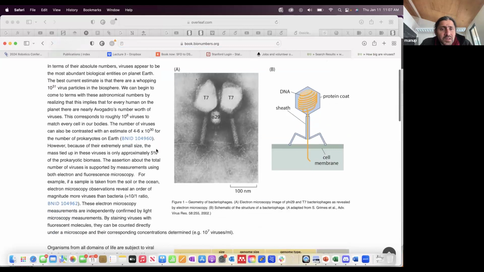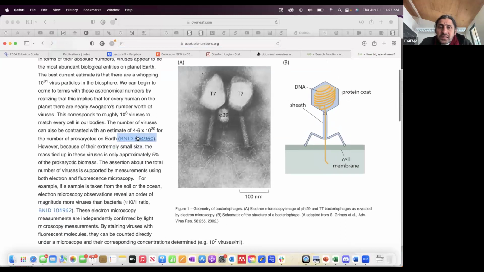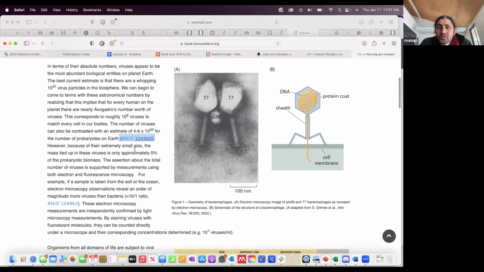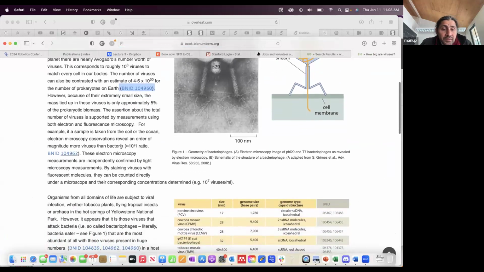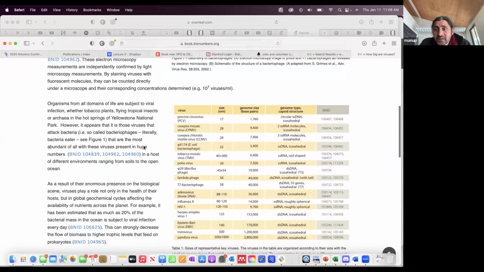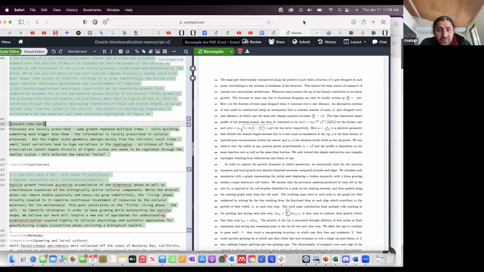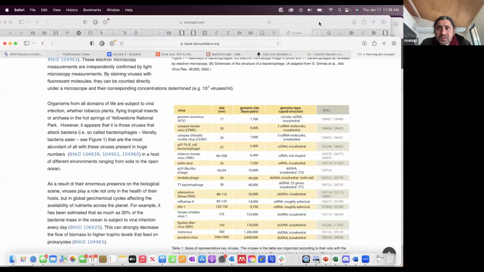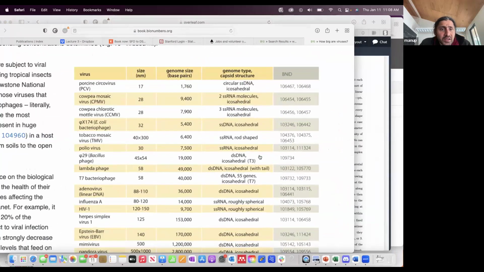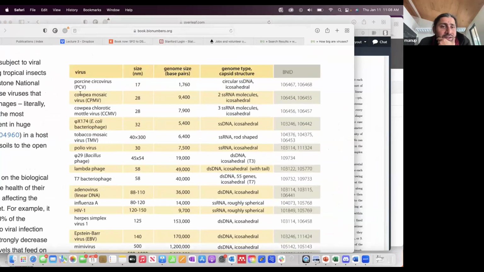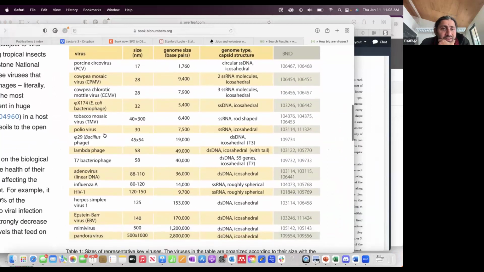It comes up with this, what is called the BNID number. This is a link or an attribute associated with every number that's in this database. And so I can go in here and find these sets of numbers. Here is a whole bunch of viruses: cowpea mosaic virus, tobacco virus.